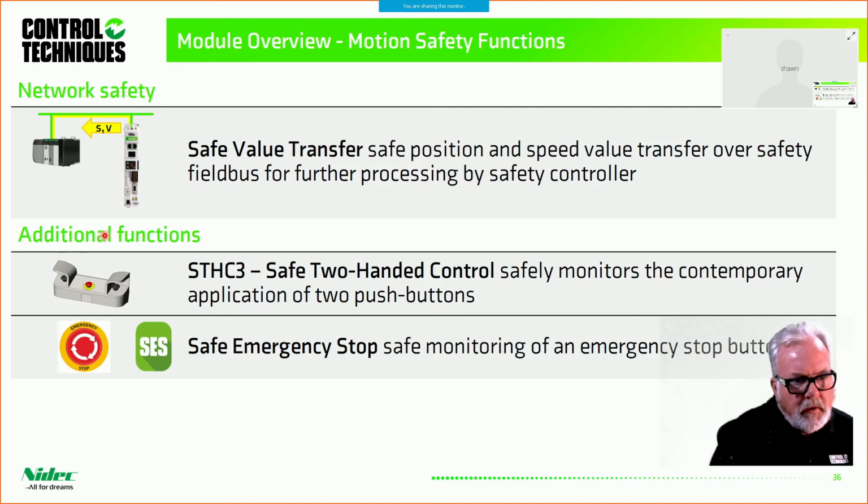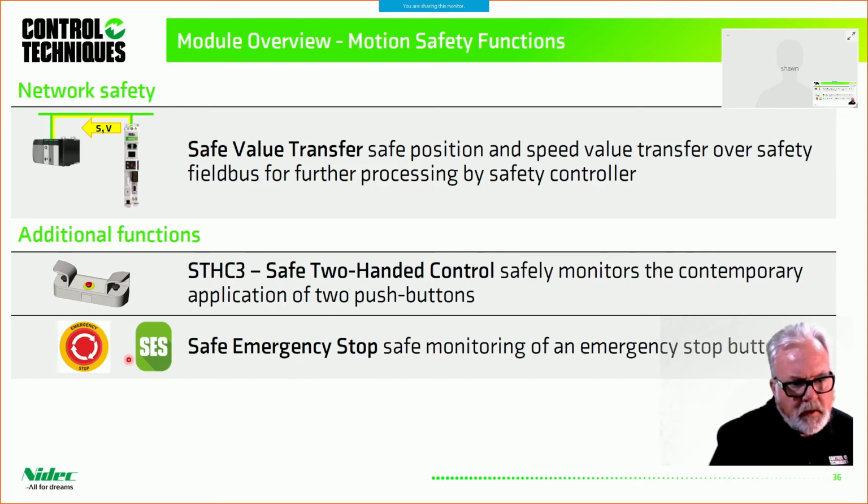And then there's some additional functions. STHC3, this is your two-hand tie down, sometimes called safe two-handed control. If you've got a punch press or something that an operator is using, one of these dual two-handed controllers monitors the application of your redundant push buttons for that type of application.